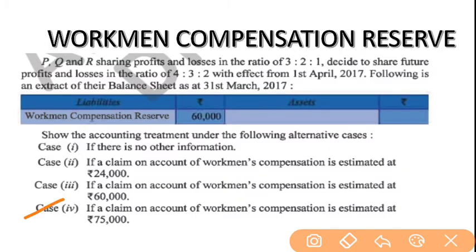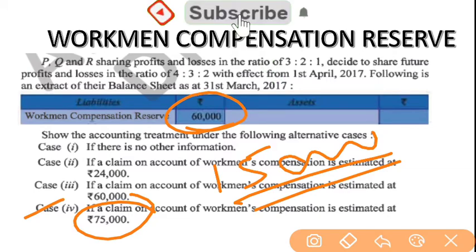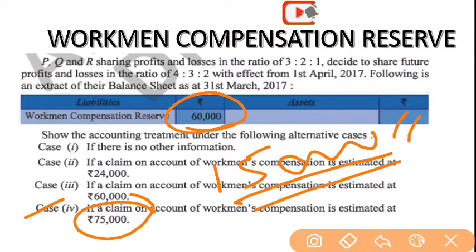If a claim on account of workers compensation is estimated at 75,000, and what was the reserve? 60,000. The claim is 15,000 more than the workers compensation reserve. So the difference between claim and workers compensation reserve will be transferred to revaluation account, and afterwards through revaluation account it will be taken from the partners from their capital account.